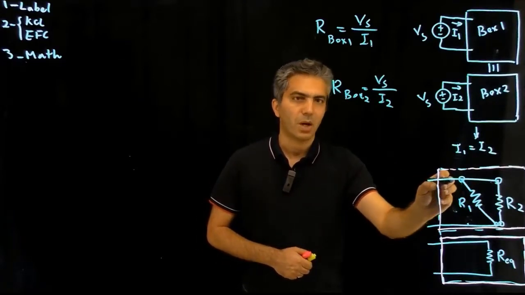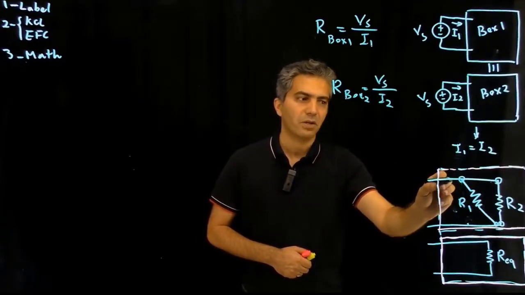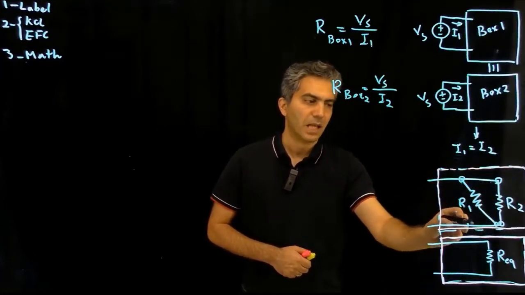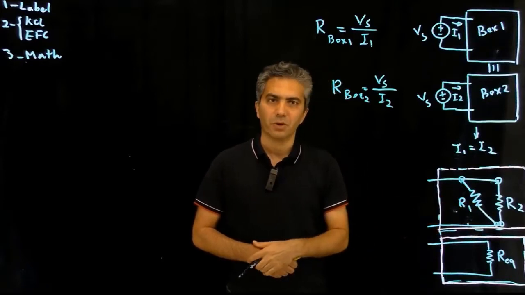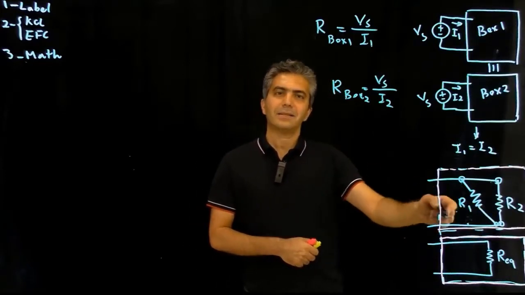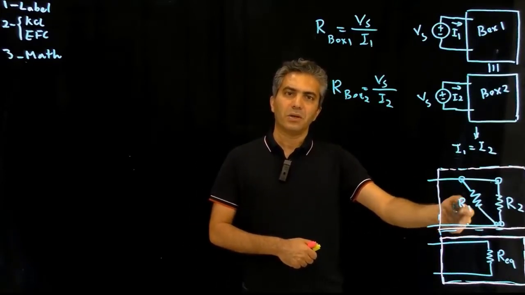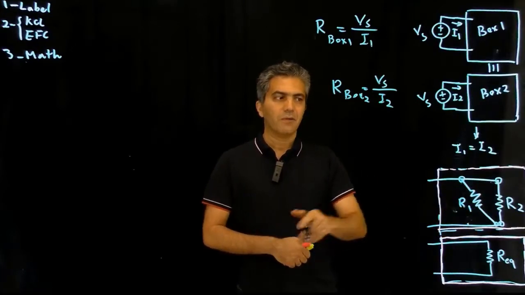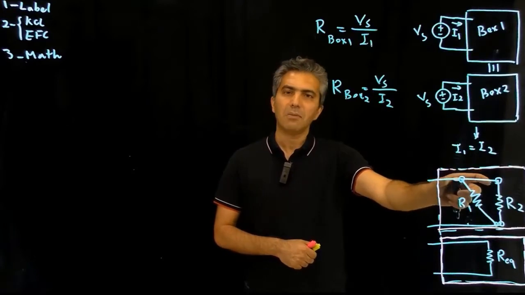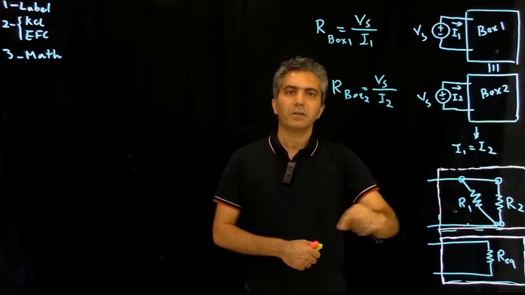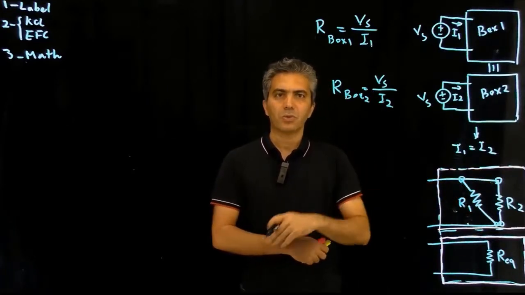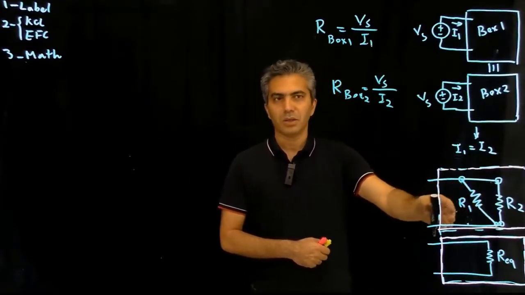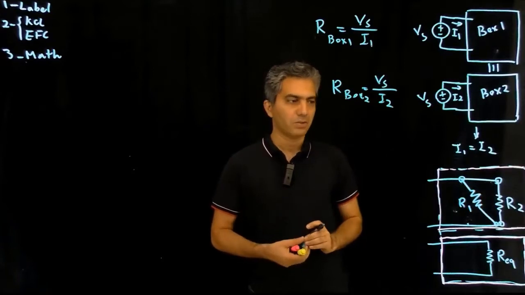So when I want to identify nodes, there's the same node on top of R1 and R2, and the same node at the bottom of R1 and R2. And that's basically when you can call components parallel to each other. If they share the same node on both of their terminals, then those components are in parallel to each other, regardless of whether or not, geometrically speaking, they're in parallel to each other.